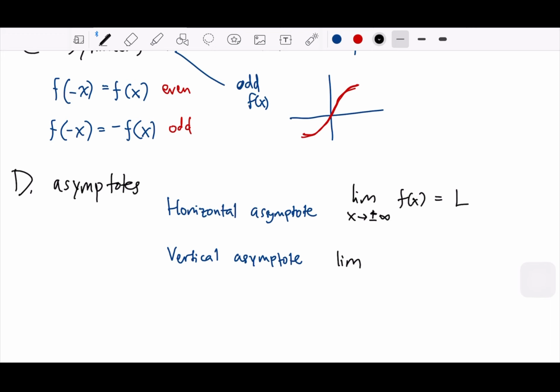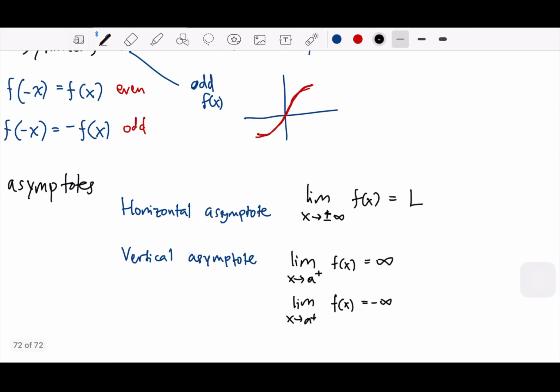But this asymptote is a little bit different. This will be going to have a positive or going to have a negative infinity, or we can approach from the left.